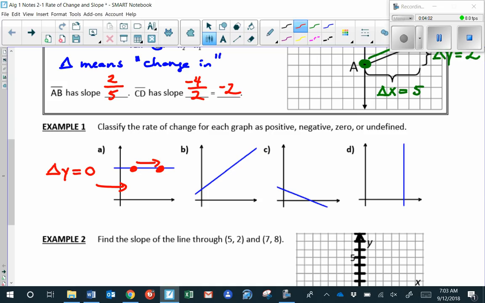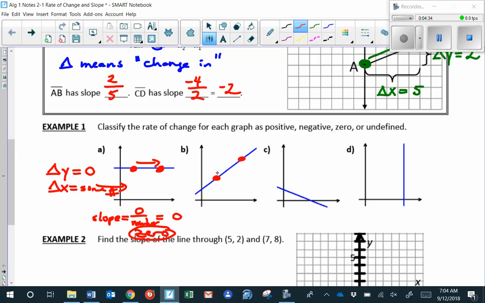We don't change vertically as we go from one point to the next. Our delta x is some number. So that means that our slope is 0 over some number. If you remember, 0 divided by any number is 0. So that means that our slope is 0 for that graph.